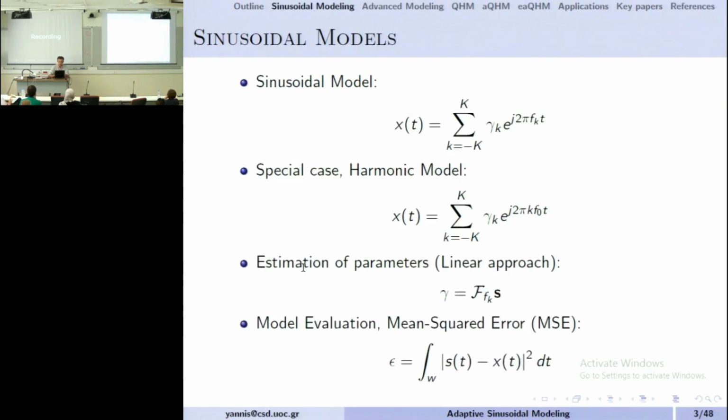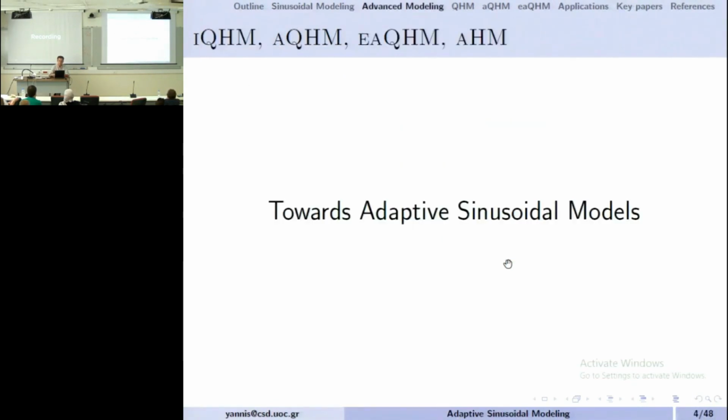Okay, sinusoidal model, this I don't need to explain now. You know it, the general sinusoidal model, and the harmonic model where we put a constraint on frequencies, k times f0. How do we estimate the parameters? But there are some problems with these frequencies.